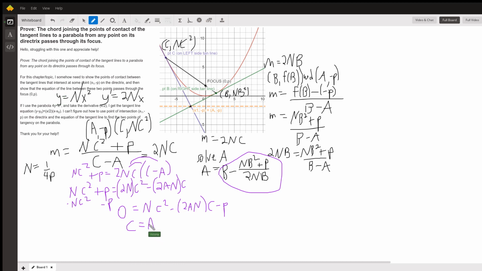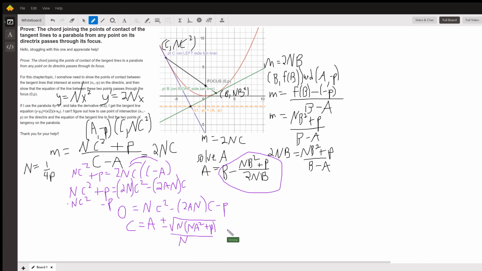a plus or minus the square root of n times n a squared plus p, all over n.